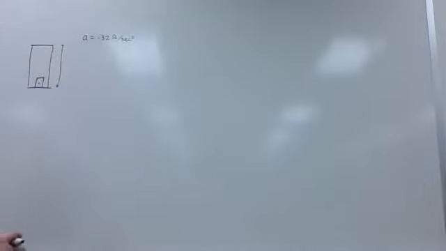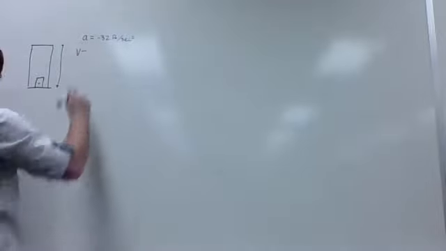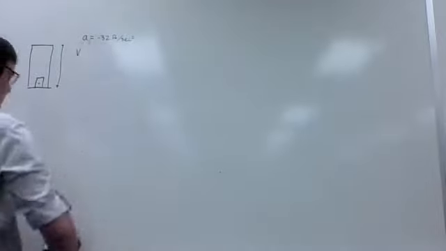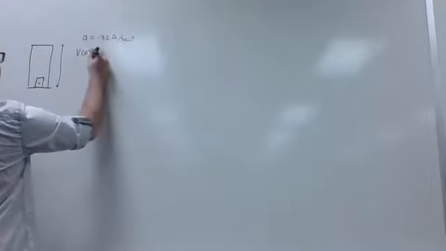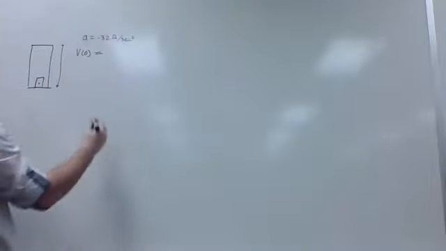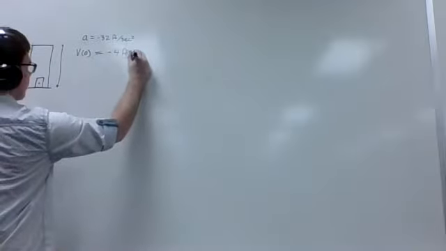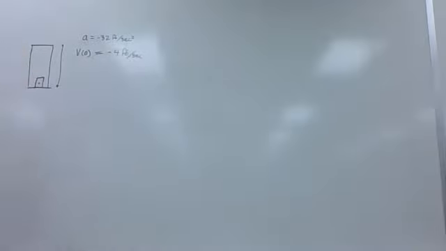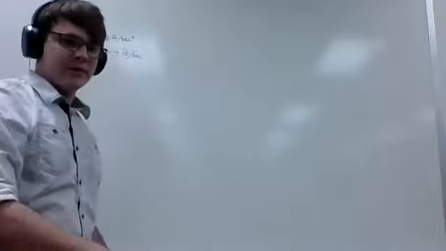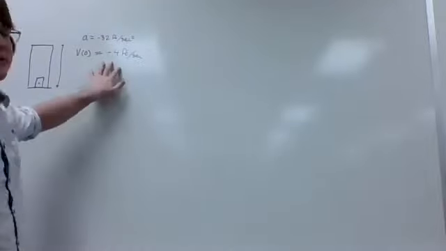So that's our acceleration, right? Let's say that our velocity at time 0 is going to be, let's say, negative 4 feet per second. So we're essentially saying that we're throwing this rock down. So it's going to start with an initial velocity.